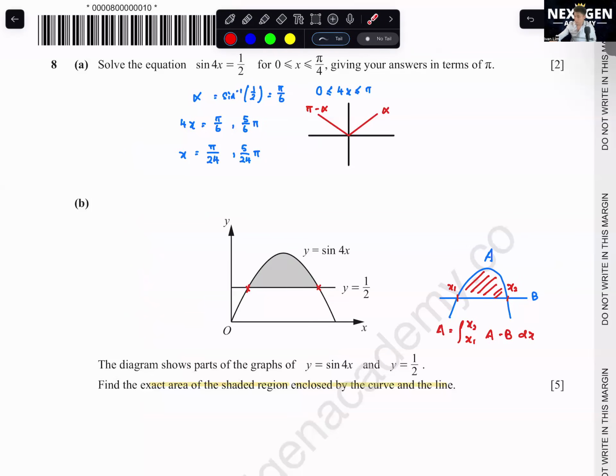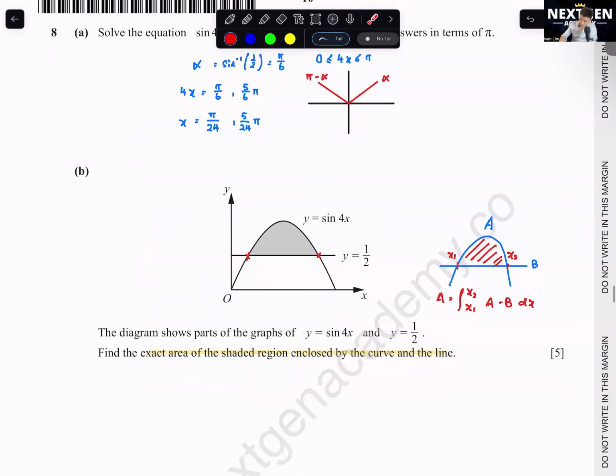So we can use the area of the top one. So we take the limits: this is pi over 24, this one is 5 pi over 24.